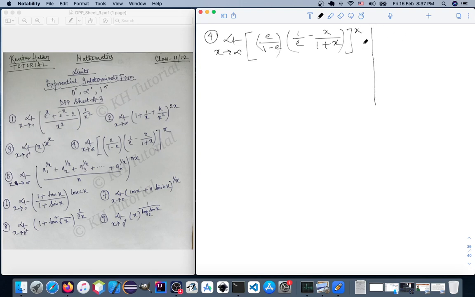Now we slightly modify the second term here, 1 by e minus x by 1 plus x.